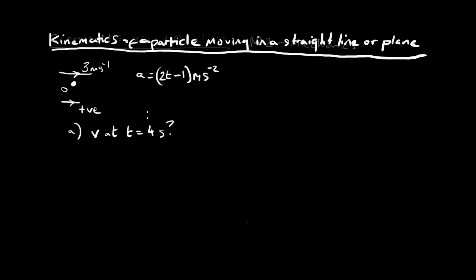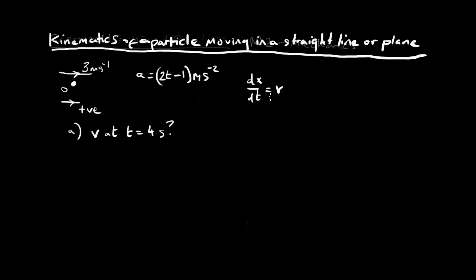So we need to use the relationship between acceleration and velocity. Normally you would say that if x is the displacement, then dx by dt is your speed or your velocity.